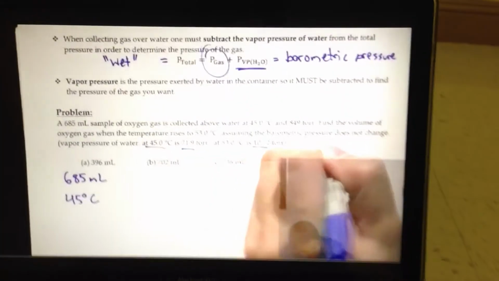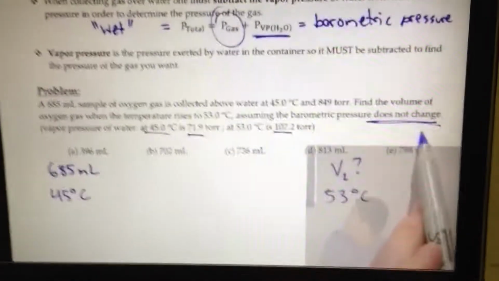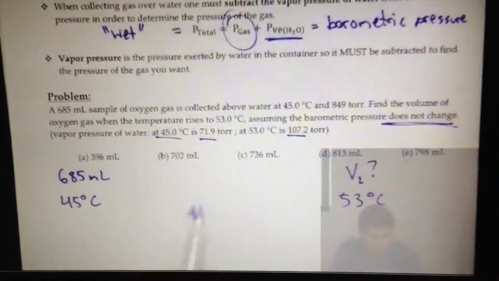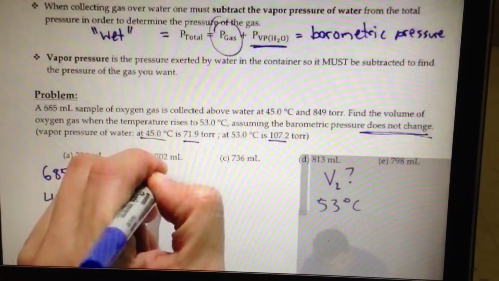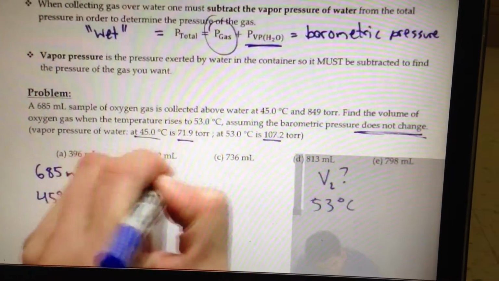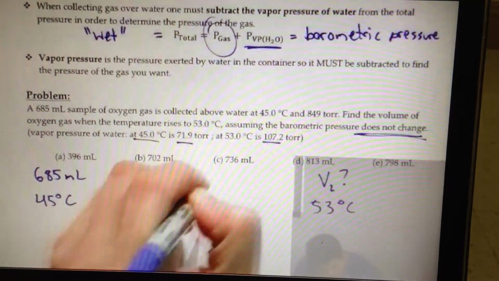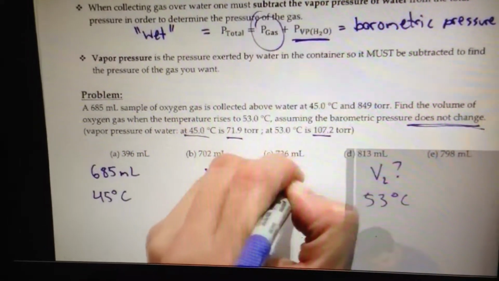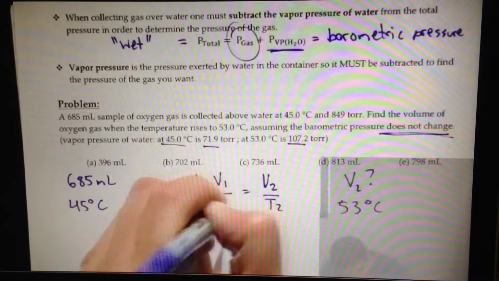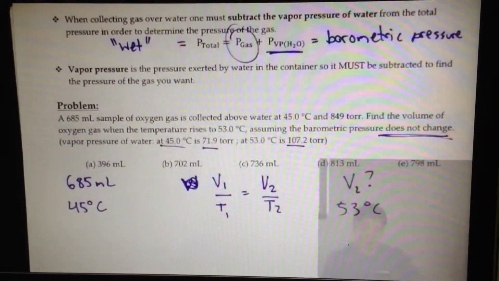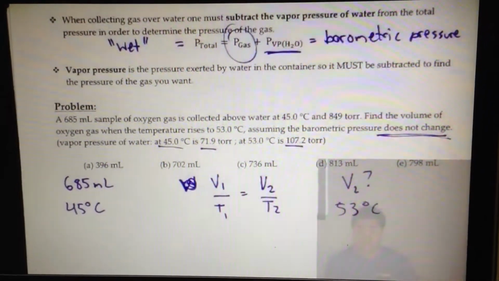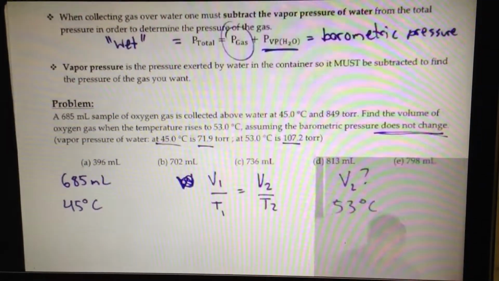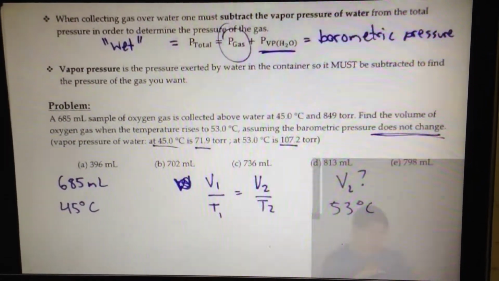And they see that the pressure does not change, so they assume that all we are doing is V1 over T1 equals V2 over T2. That's what they assume, because it says the pressure does not change. But since it's collected over water, there's a little trick there as well.